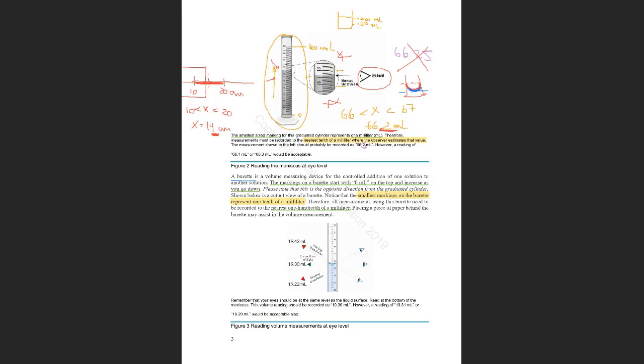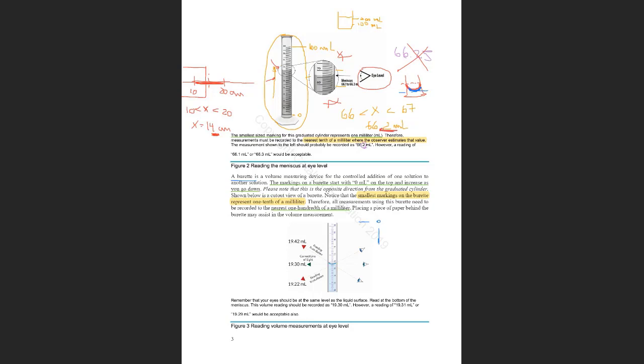In the graduated cylinder here, the zero is down and increases as you go up. Here is the opposite. The zero is up and increases as you go down in the burette. So the markings on a burette start with 0 on the top and increase as you go down.